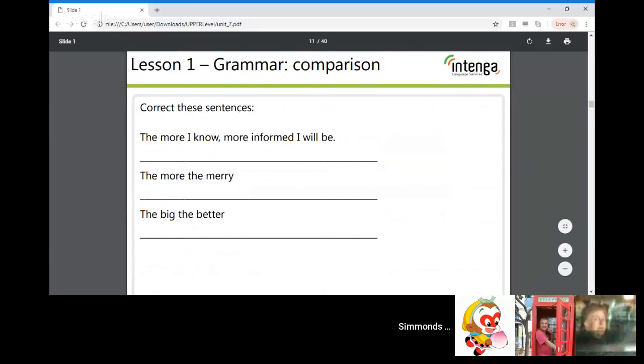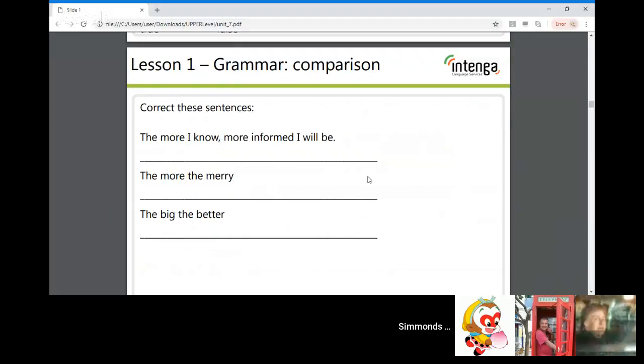This is the one where we need the. The more I know, the more informed I will be. The more information I will have. So yes, you can absolutely change this part of the sentence, but the word the here is definitely what we're missing.